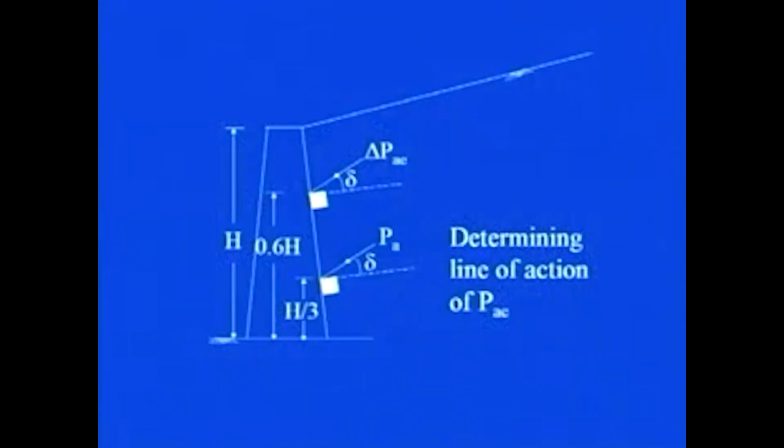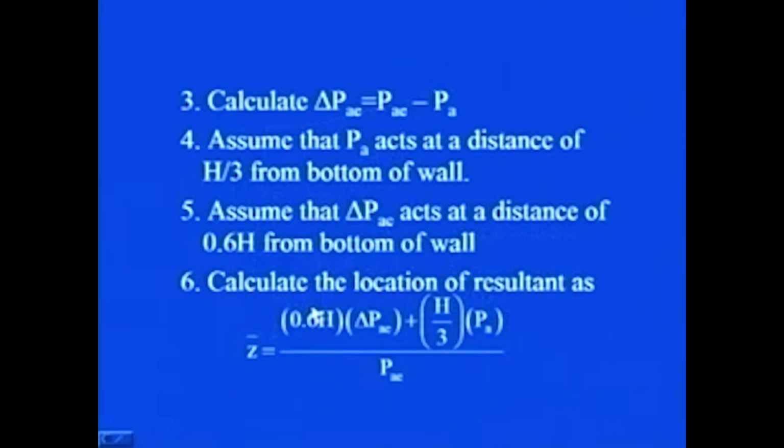Then we assume that this PA is acting at an angle of delta and at a height of h/3 from the bottom of the wall. Now what is the third step? Third step is to calculate delta PAE, which is the difference of active force in earthquake condition to the active force when the earthquake forces are absent. So you can calculate delta PAE as PAE minus PA.